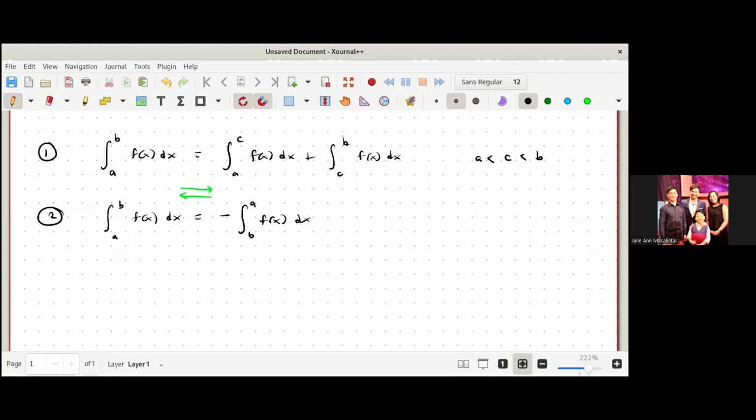You know, it's a definition pala: yung A to B equals negative B to A. So this one is a definition. Ito, I think theorem to. Hindi ko lang kabisado yung mga pangalan. Okay, okay ba?